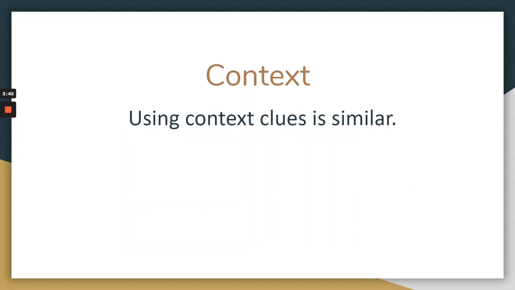Using context clues is similar. However, before we continue, let's talk about the word context. The prefix for the word context is con. Con means with. Text is written words.